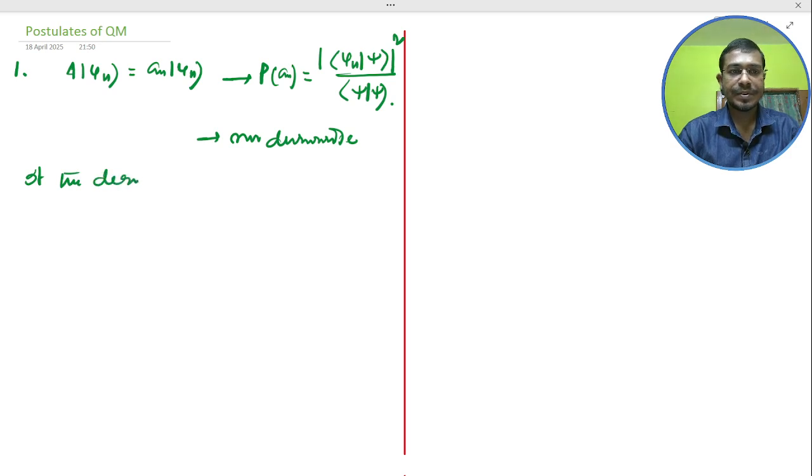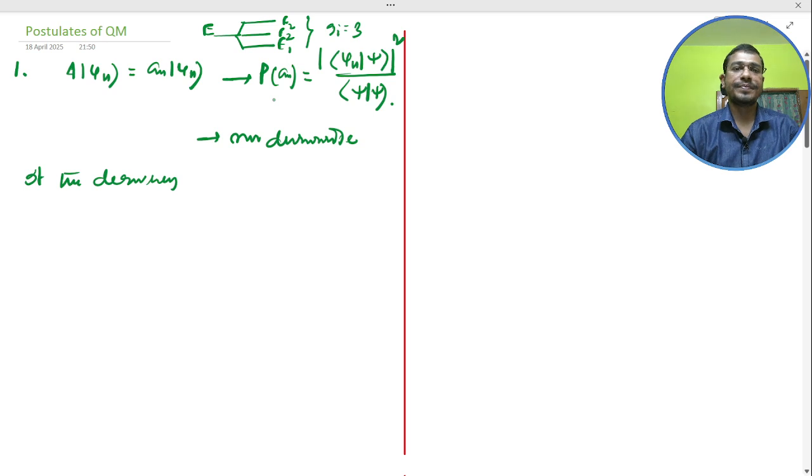Next, if there is degeneracy, suppose the energy level E is split into 3 parts, E1, E2, E3. This is the degeneracy, with degree equal to 3.